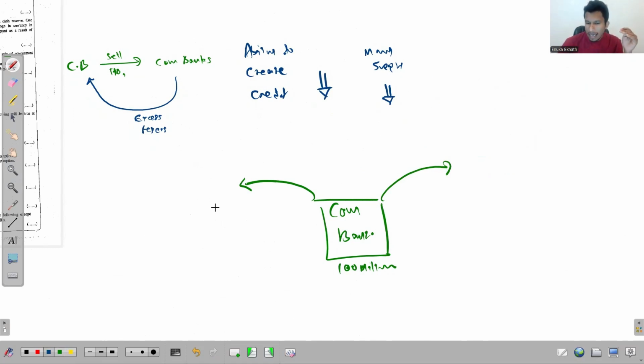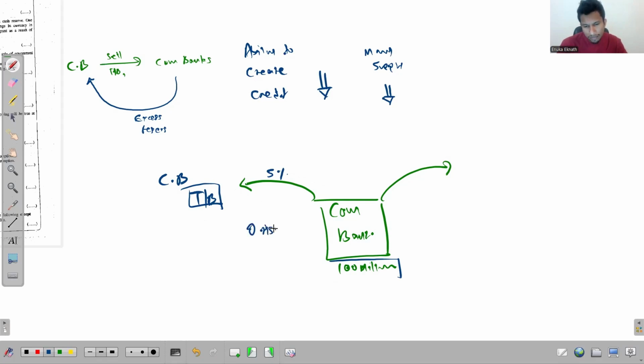Either they can buy, using their excess reserves, treasury bills or maybe treasury bonds from the central bank. And in return, they may receive 5% interest on the treasury bills or treasury bonds. And if you look at the risk of this investment, risk is zero, right?